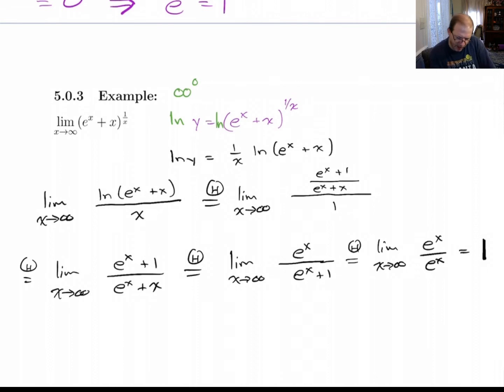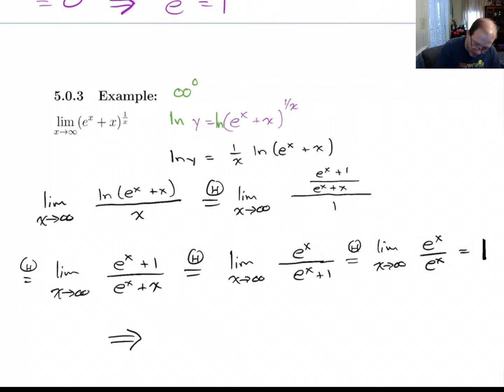Now really we could have stopped here or here and just said the answer is 1. But the reason is, when x grows large, e^x and e^x + 1 are essentially going to be the same number. You get something like a jillion and 1 on the bottom and a jillion on top, then that's essentially 1. It approaches 1.